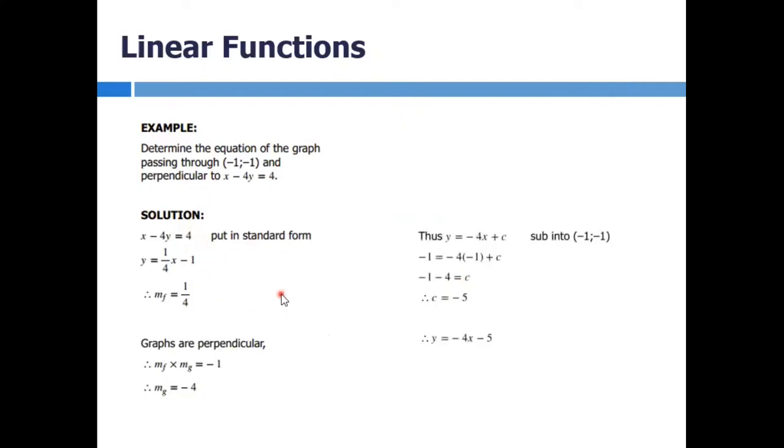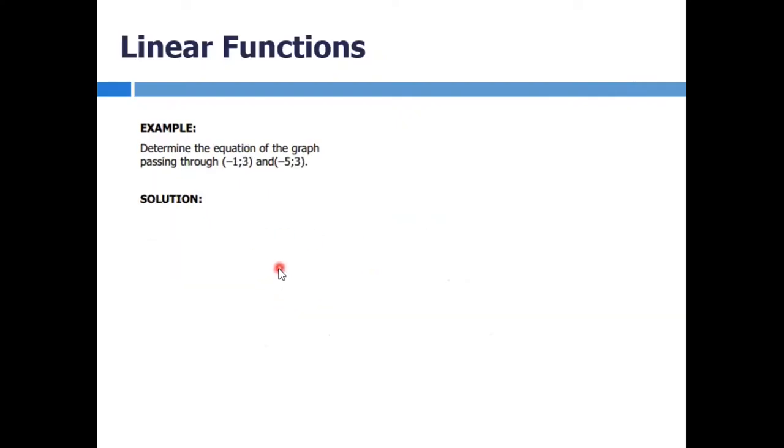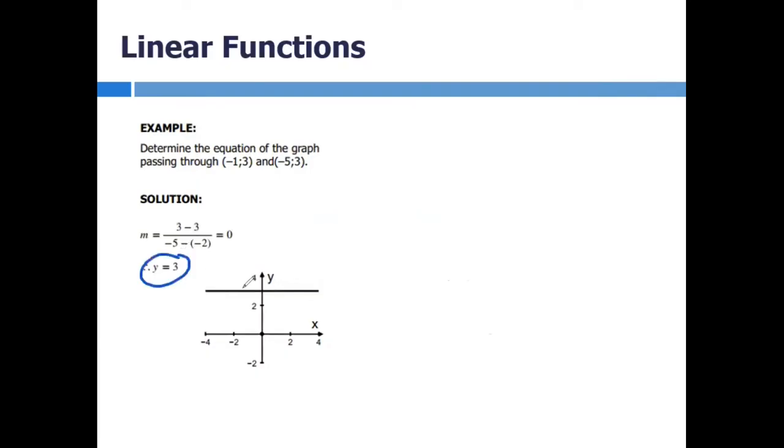So please make sure you're okay with that and you don't panic when you get an undefined gradient. Okay, here's an example where they've used perpendicular. And here's the example of the horizontal line that I wanted to focus on. The horizontal line, you'll notice all the way along that line, your y value is going to stay the same. So it doesn't look like y equals mx plus c. It just looks like y equal to whatever y value you can find.